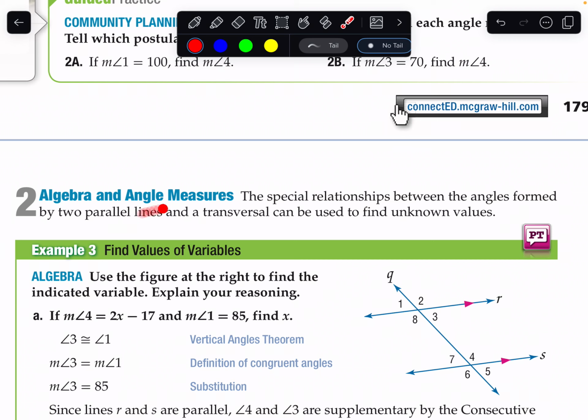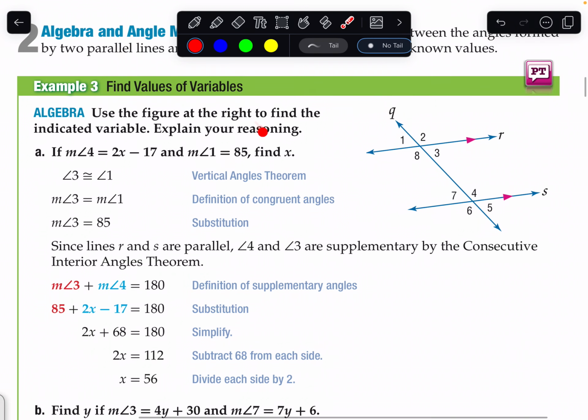Algebra and angle measures. The special relationships between the angles formed by two parallel lines and a transversal can be used to find unknown values. We'll go through example 3 in depth in part 2, but real quick, take a peek. Notice that we have the same setup, two parallel lines, a transversal.